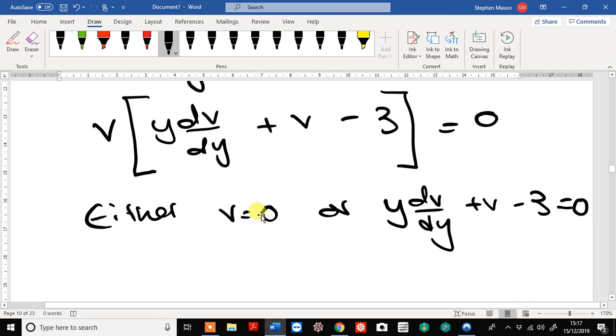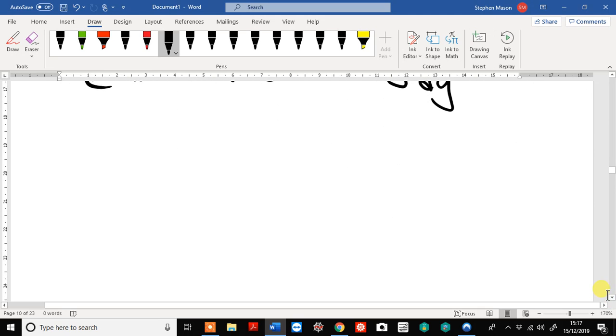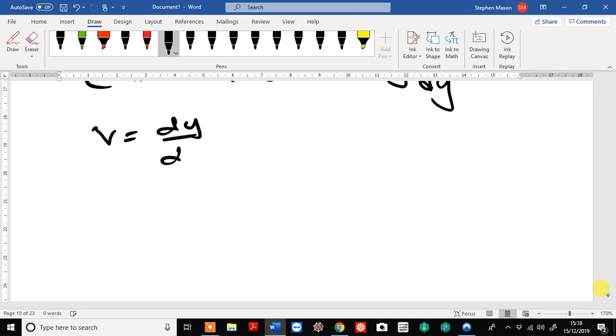Now, when v is equal to 0, actually what we've got is, we know that v equals dy by dx.